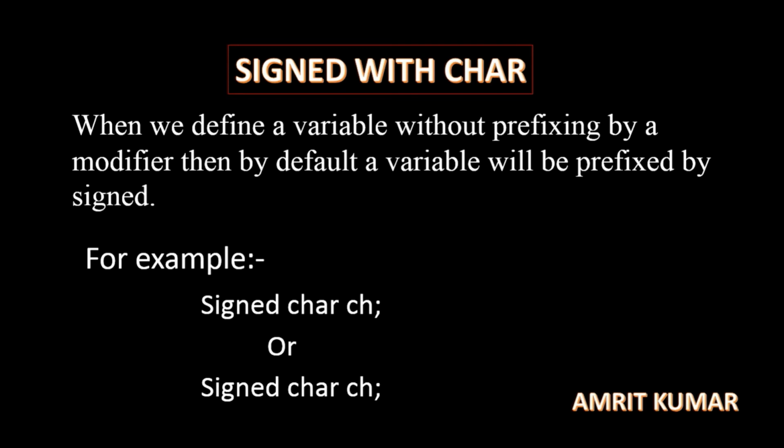So what we have concluded here is that when we declare, or we can say define, a variable, and if we forget to declare the modifier, then by default the variable will be prefixed by signed.